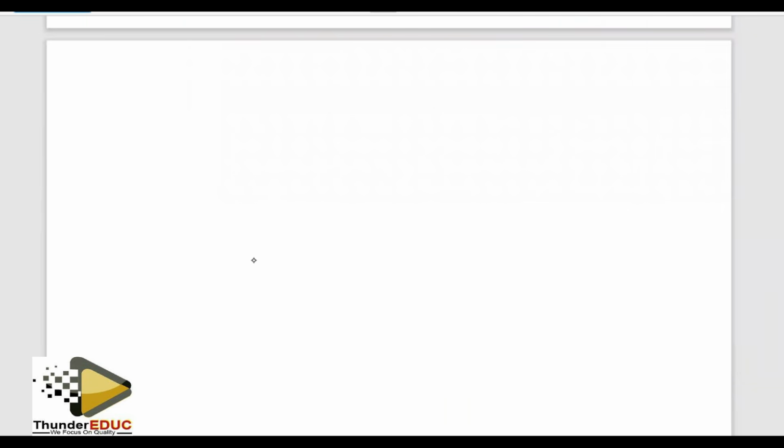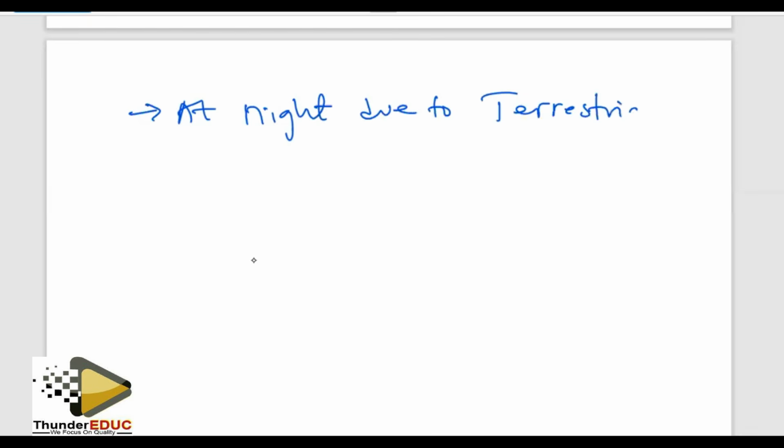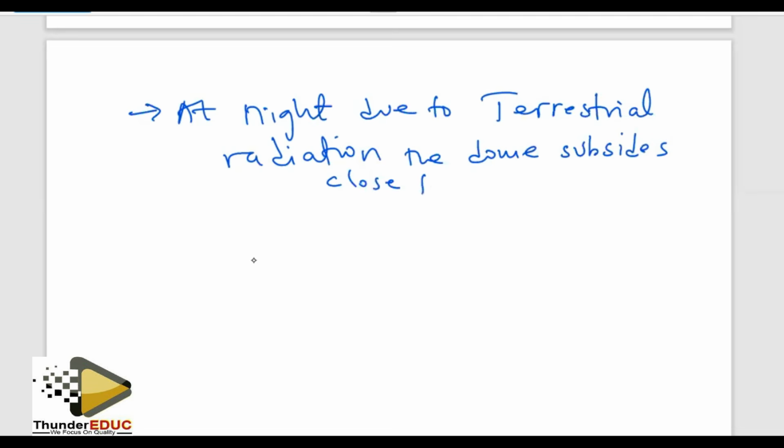We could say that at night, due to terrestrial radiation, this is when the land loses the heat due to terrestrial radiation, the dome subsides close to the city.